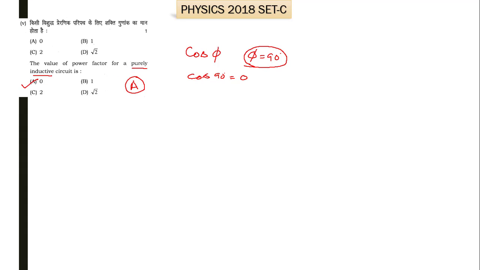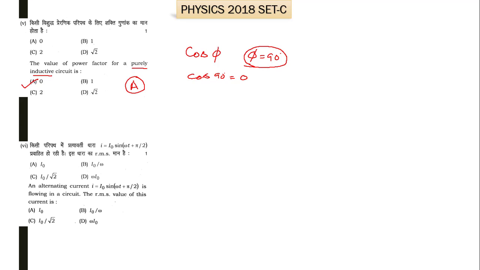Now moving towards the sixth part of this question. It says that an alternating current I is equal to I0 sin omega t plus pi by 2 is flowing in a circuit. The RMS value of this current is... it is the simplest one. We know that RMS value, IRMS, is equal to the peak current I0 divided by under root 2.